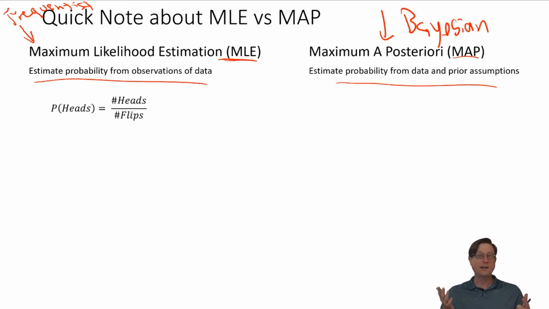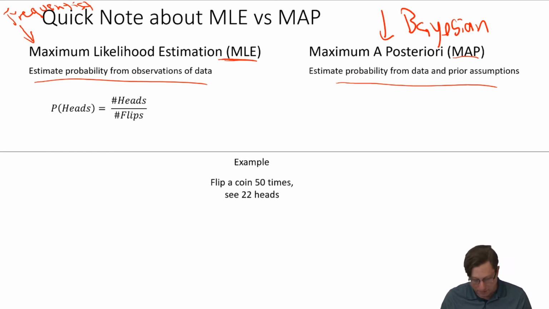So that is where we start, but now let's look through an example. Let's say we flip a coin 50 times and we see 22 heads. What is the probability of the next flip of that coin being heads? And if you're a frequentist, you would do a maximum likelihood estimation, and you would say that probability is 44%.